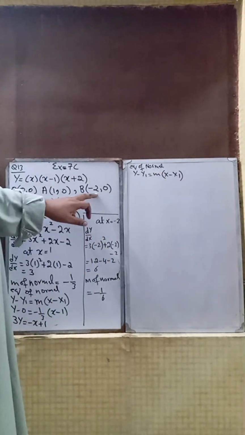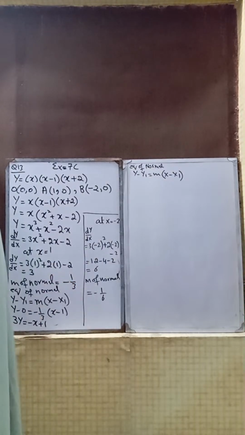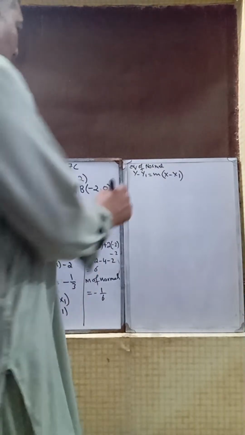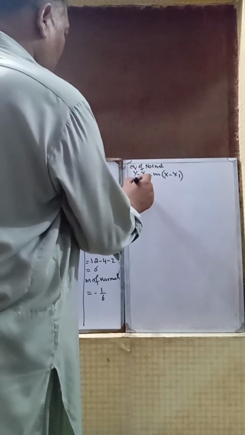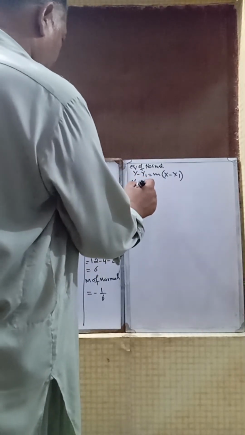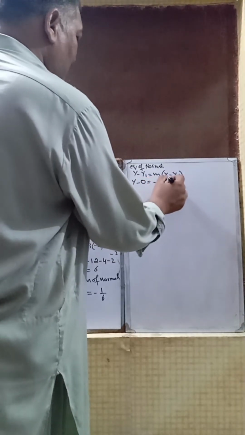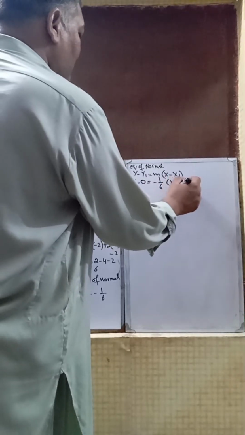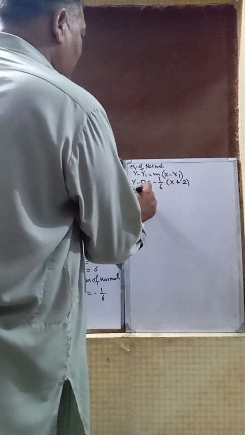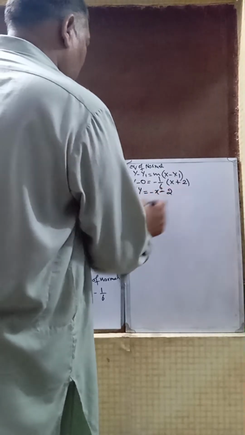This is the point, and this is the gradient of that normal. So it will be y minus 0, gradient is minus 1 by 6, x minus minus 2, which is x plus 2. So you will have 6y equals to minus x minus 2.